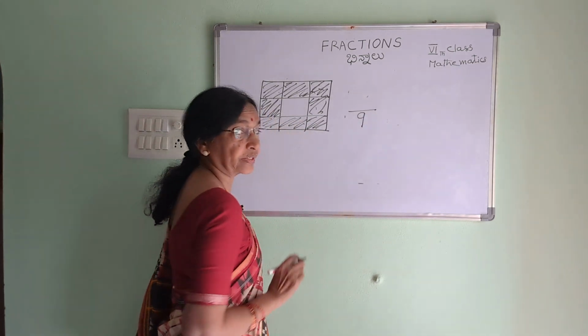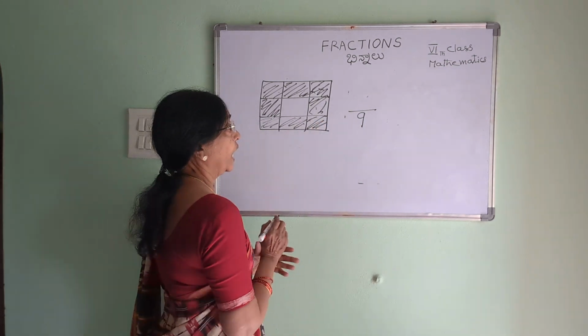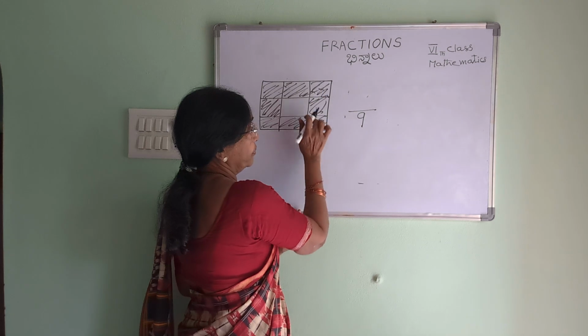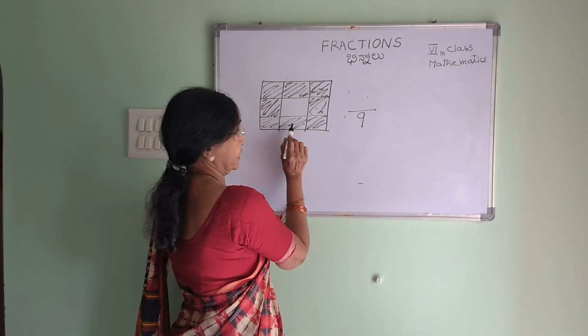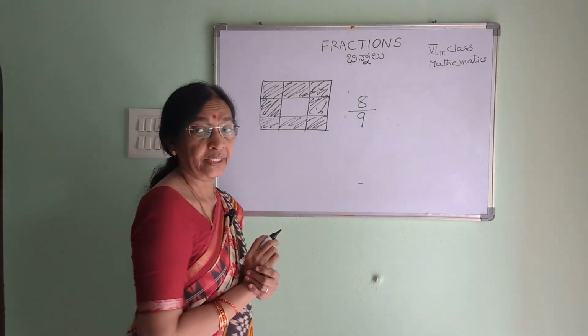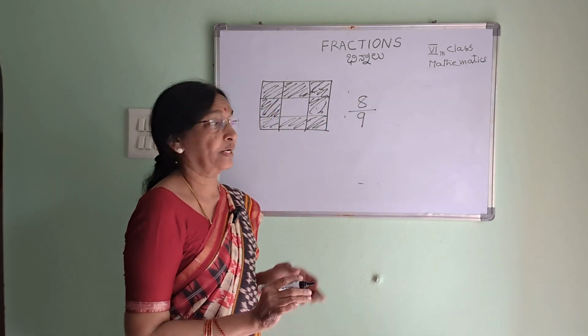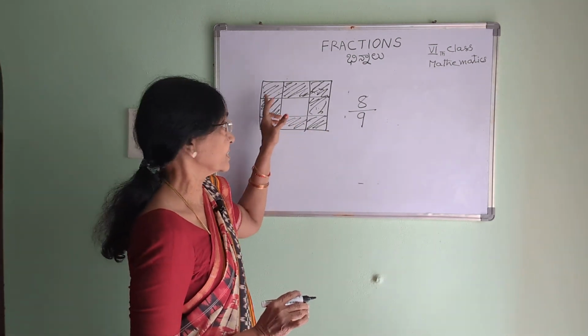Total number 9. It is written below the line. And the total number of blocks shaded: 1, 2, 3, 4, 5, 6, 7, 8. So 8. 8 by 9. 8 ninths or 8 by 9 is the fraction which represents the shaded portion.